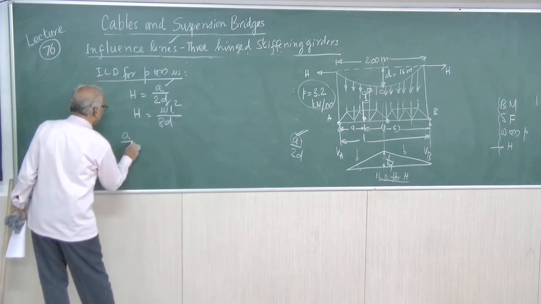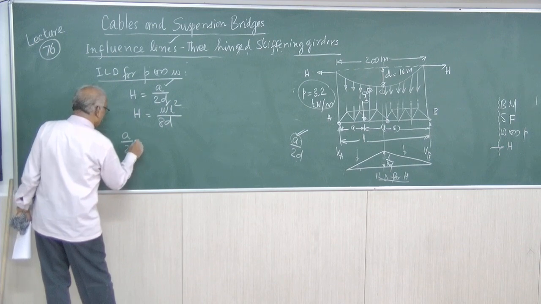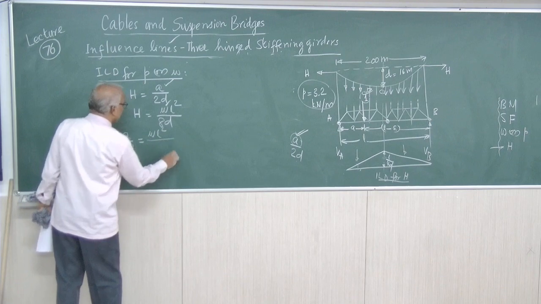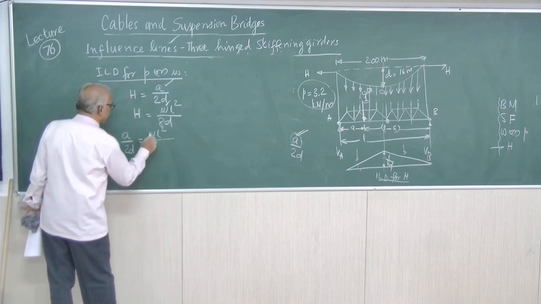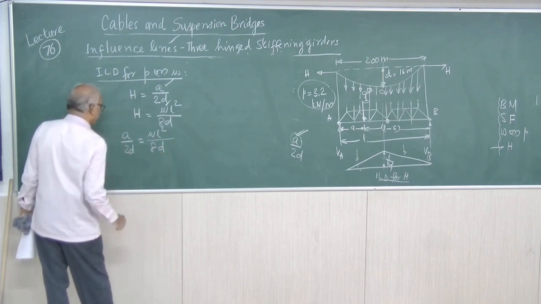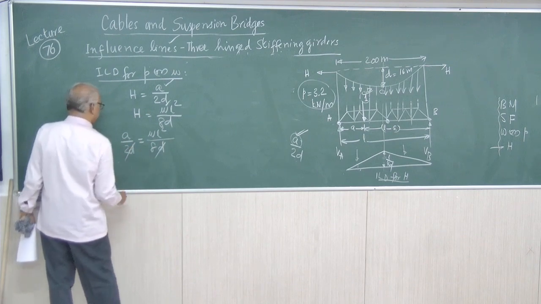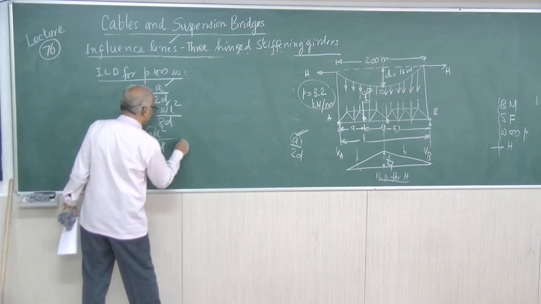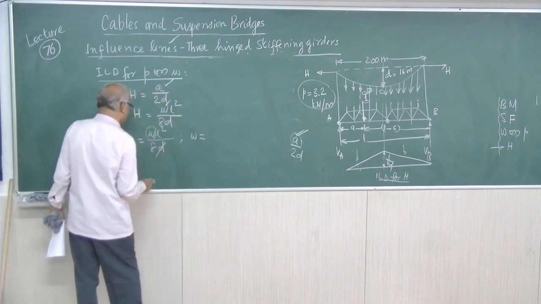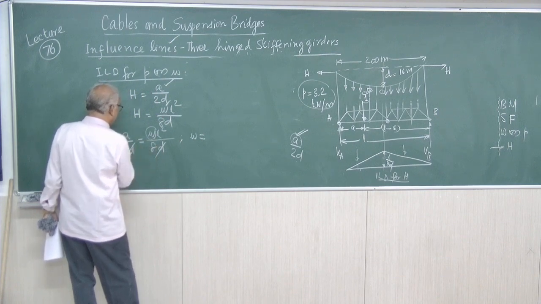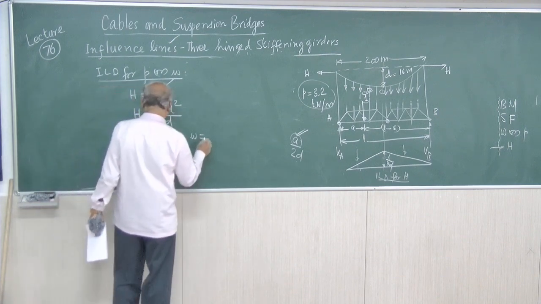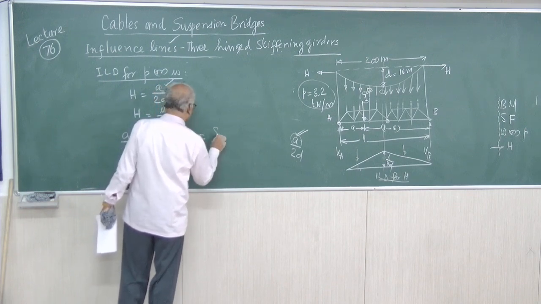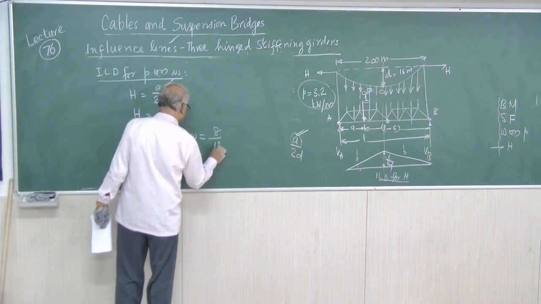Therefore, A by 2D due to the moving unit load is also equal to WL square by 8D, once it is converted as UDL over the entire span. So D will get cancelled. Therefore, we are interested in getting the value of W. W equal to, on the other side, 8 and L square go to the numerator, and the other 8 to the denominator.